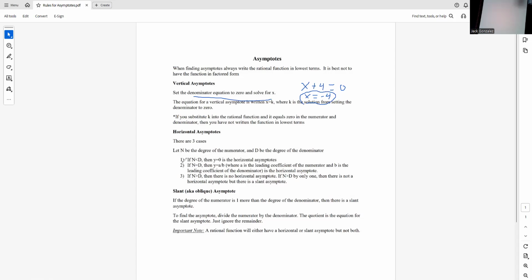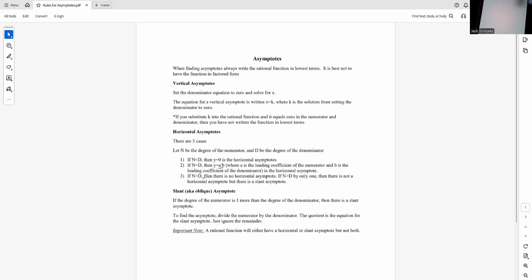Horizontal is the annoying one. You have different cases. If the degree is higher on the bottom, then you're going to use case number one. If they are equal, then you take the leading coefficients and just divide them. So if it's both squared on top and bottom, you take the numbers in front.